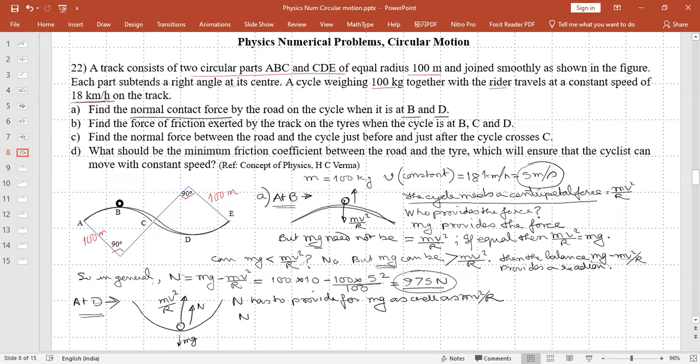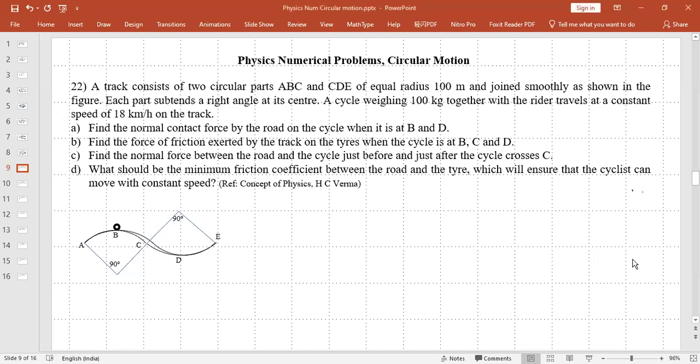So reaction force N is equal to 1000 plus 25, equal to 1025 Newton. This is why whenever you are riding an upward arc, you feel a little less weight. And whenever you are riding a concave arc, you feel a larger weight.